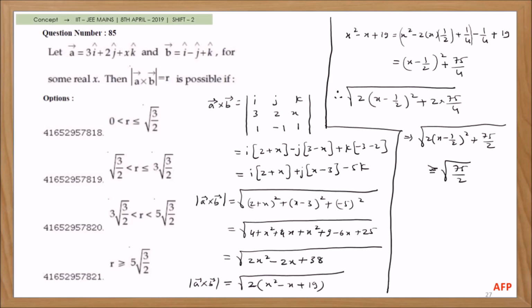So the magnitude of A cross B is greater than or equal to the square root of 75 by 2, which is 5 root 3 divided by root 2, that is 5 times the square root of 3 by 2. In the question, the magnitude of vector A cross vector B is equal to R, so R has to be greater than or equal to 5 times the square root of 3 by 2. So option 4 follows.